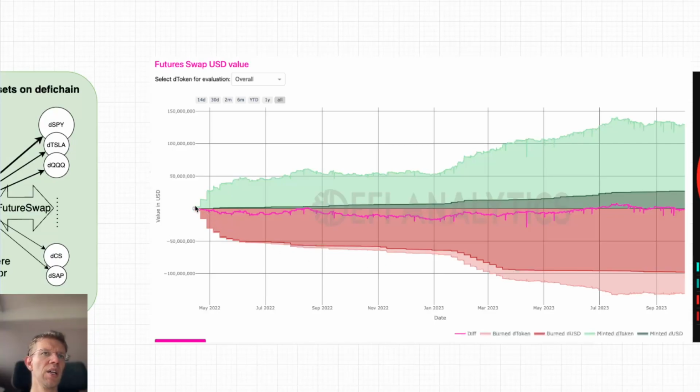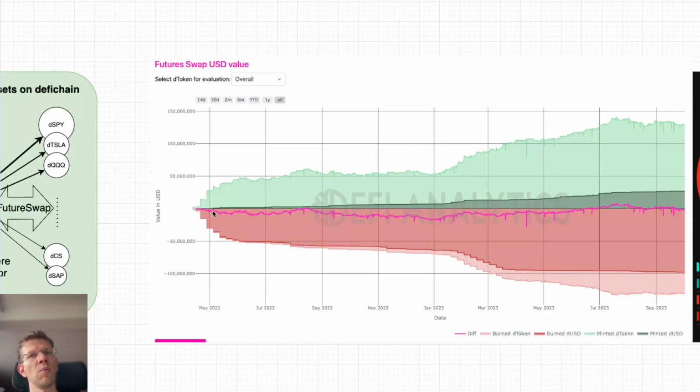In the beginning, there was an oversupply compared to the supply of the dToken and oversupply of DUSD. So we burned a lot of DUSD and created the necessary dTokens from it. So it shot up, and we see over time it got a lot of overall minted, but also then we started burning dTokens too, and creating DUSD compared to the burned DUSD.